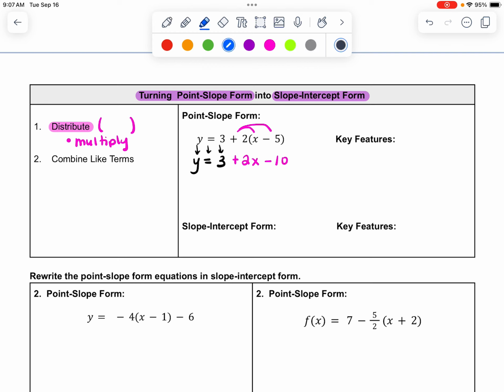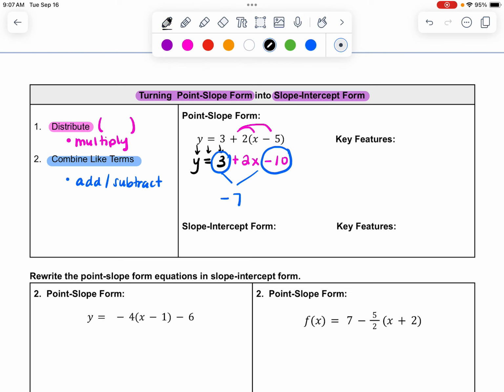Then I'm going to combine the like terms. Now when I'm combining, I'm going to be adding and subtracting. I'm not going to be multiplying anymore. So in this problem, the 3 and the minus 10 are like terms. 3 minus 10 is negative 7.